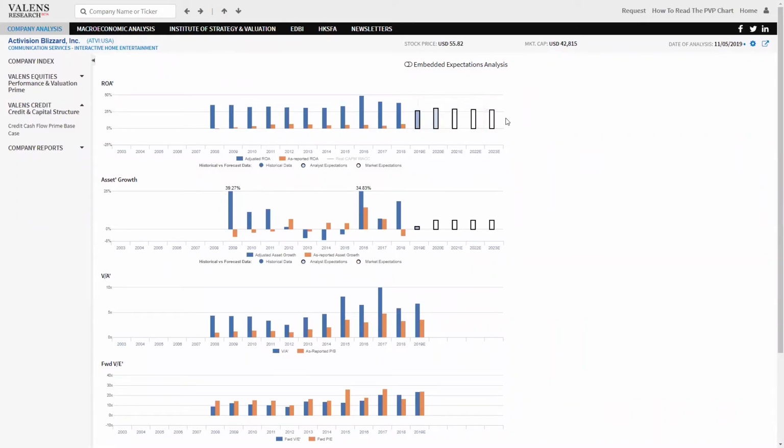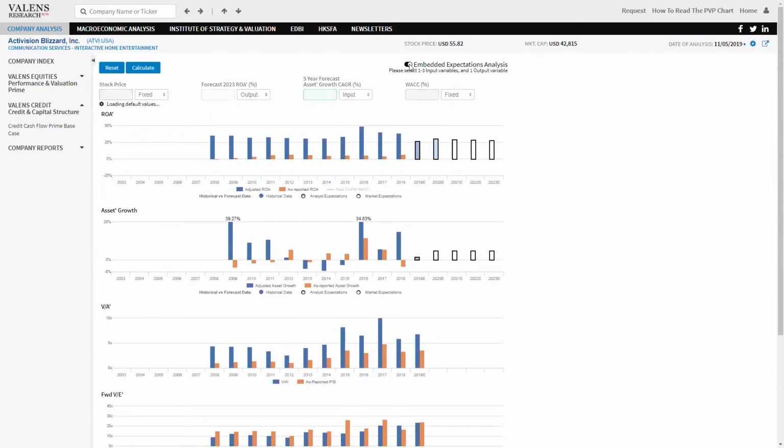And the question for you as an investor now is to say, is there a reason to think the market's wrong? Do we think that Activision Blizzard is going to roll out a bunch of new games and so their ROAs are going to rise back up to here? Or do we think that because of the continued influx of other options for gaming, from the low end of gaming to the Fortnites of the world, Activision Blizzard is going to be disrupted even more?